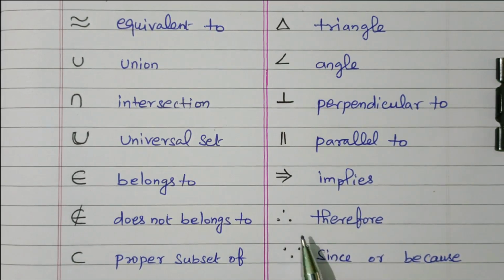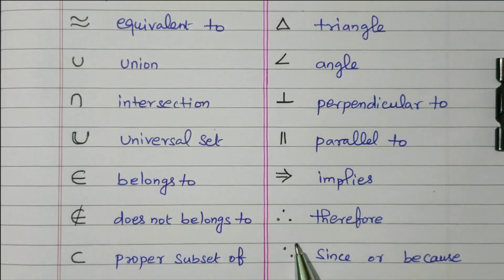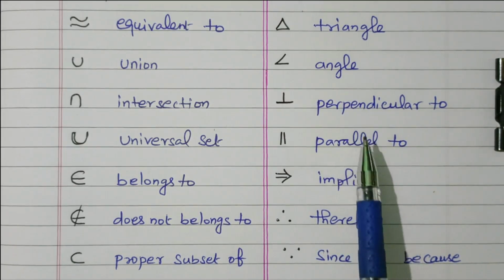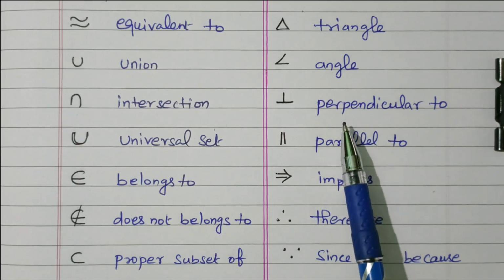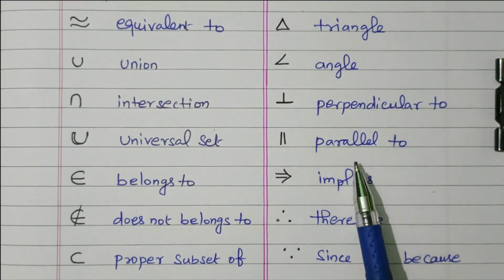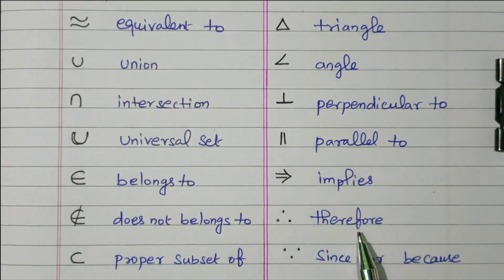So we can say therefore like that. Triangle, angle, perpendicular to, parallel to, implies, therefore and since or because.